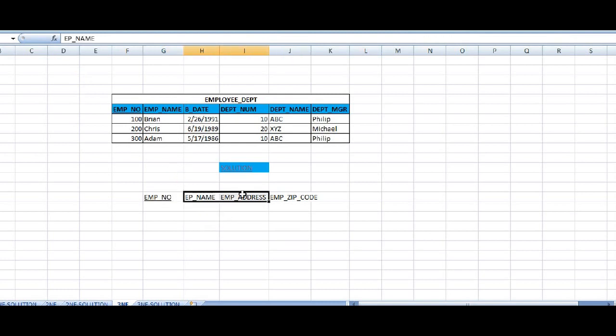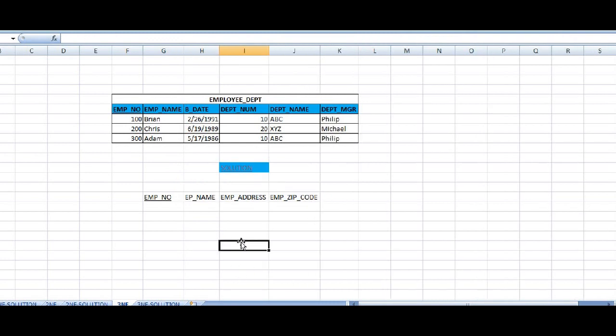Now if you see, employee name is obviously dependent on employee number, employee address is obviously dependent on employee number, employee zip code also is fully dependent on employee number. Means given an employee number, I can uniquely identify its employee name, employee address and employee zip code, which is fine. If you look more carefully, employee zip code is dependent on employee address, because given an address, I can find out its zip code.